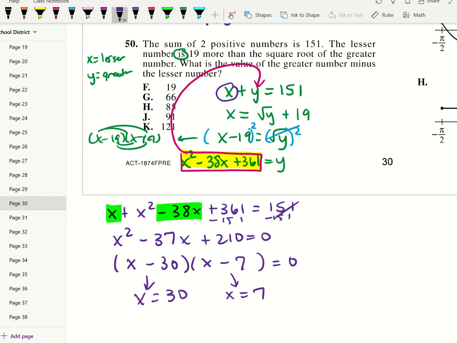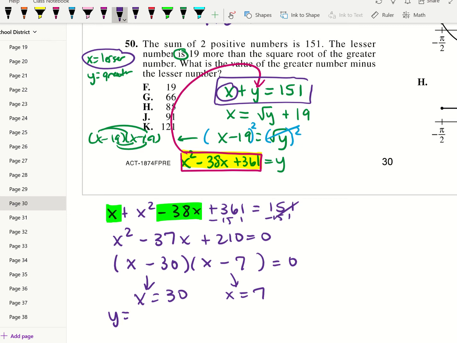Now what I'm trying to do is find the value of the difference between these two numbers, the bigger number minus the smaller. What I did each time was I just found the smaller number. That's what we called x. If I want to find the greater number, I can recognize that x and y together are going to add up to 151.